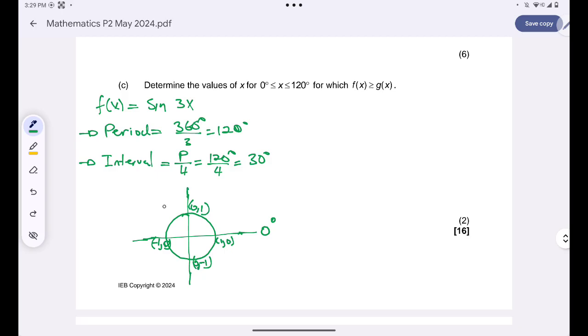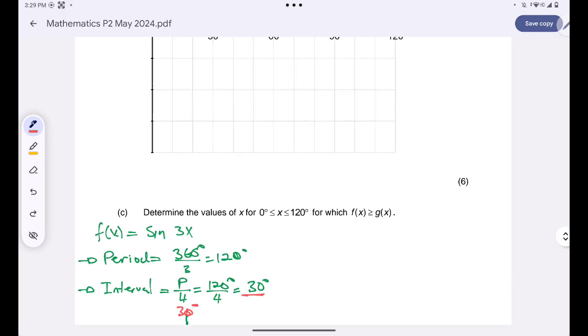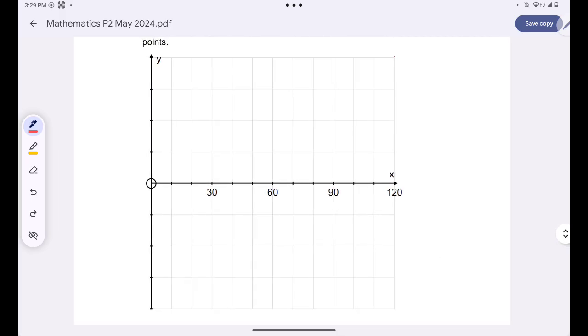And then to find the other points, all I need to do is just keep on adding my interval. So 0 plus the interval, I'll simply get 30 degrees. 30 plus the interval, I'll get 60. 60 plus the interval, I'll get 90, plus the interval is just 120 over there. Yeah? So this is simple now.